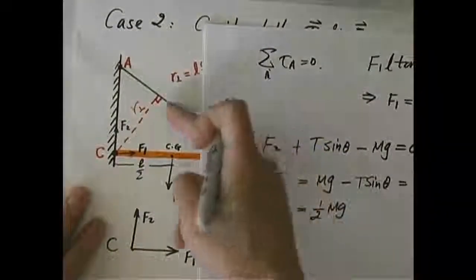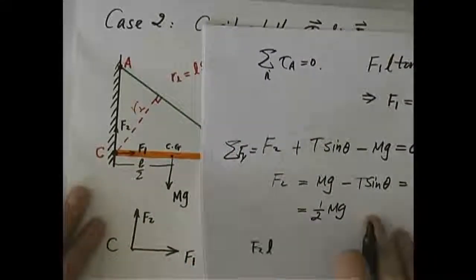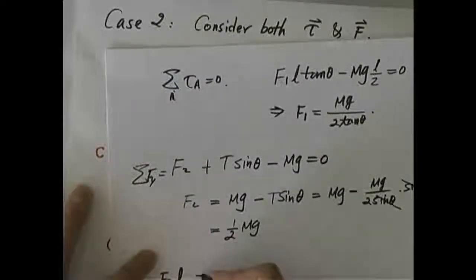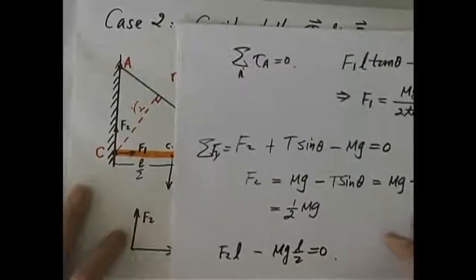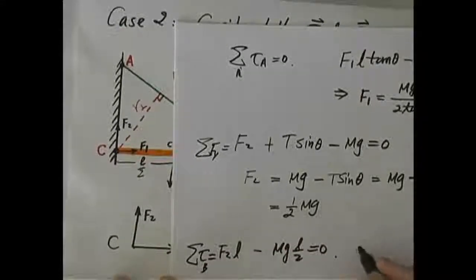I'm choosing clockwise direction as positive this time. Minus the counterclockwise torque at point B due to mg. So minus mg L over 2 equals 0. By the way, this is the sum of the torque about point B. And that gives you exactly the same thing, F2 equals mg over 2.